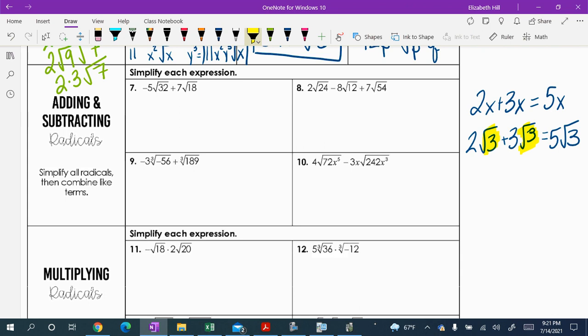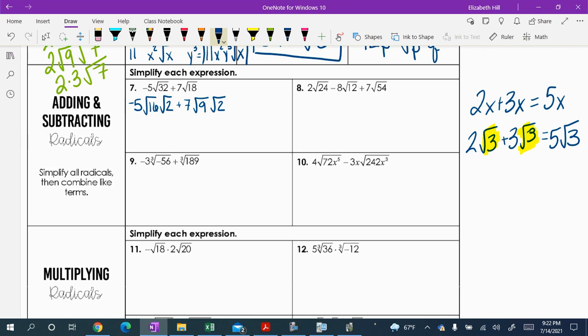When I look at number 7 right here, I cannot simplify it as is. I've got the square root of 32 and the square root of 18, which cannot be simplified. However, if I break this up, we're working with square roots here, so 32 is 16 and 2, and with 18 we could do the square root of 9 and the square root of 2.